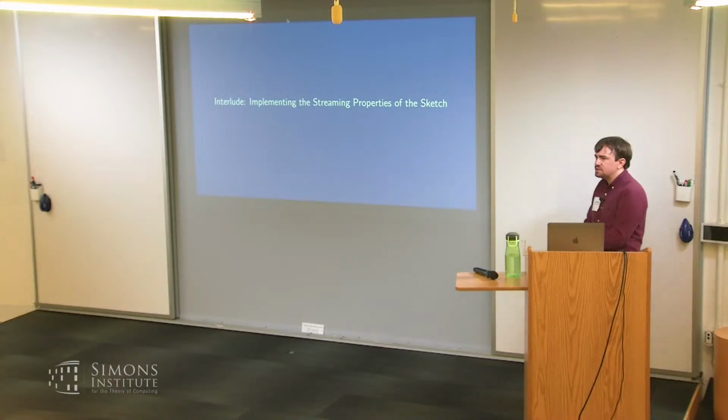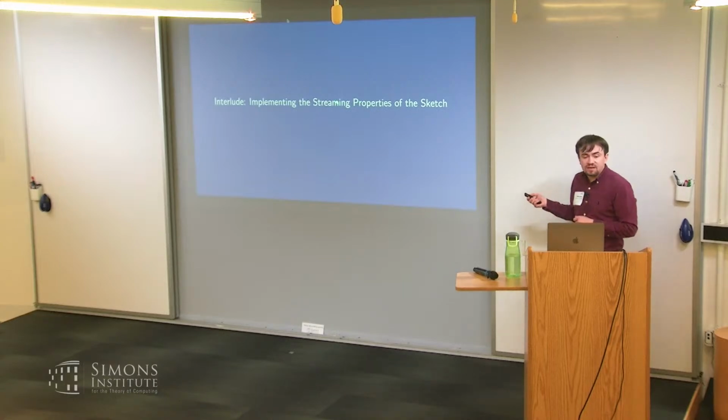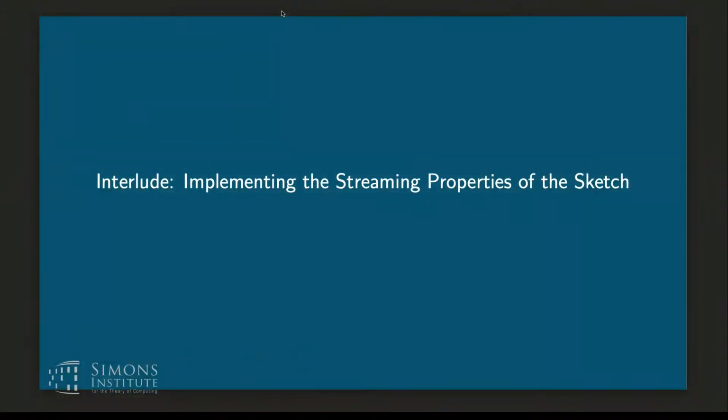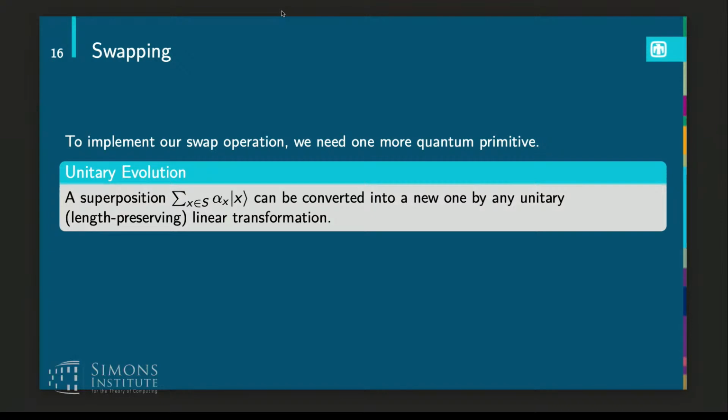Okay, if there are no other questions, I want to move on to saying how you would actually implement these two extra streaming properties. Remember that the two things that we want to implement are swap and partial measurement. For the swapping operation, we will need to introduce an additional quantum primitive, which is the idea of unitary evolution. If you have one superposition and you want to change it into a different superposition, you can do this by applying linear operators to the corresponding vector.